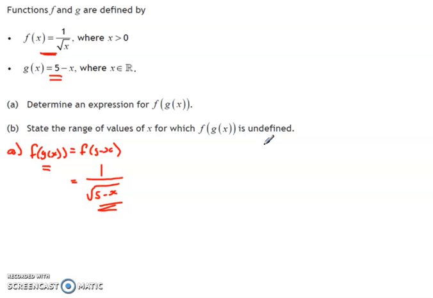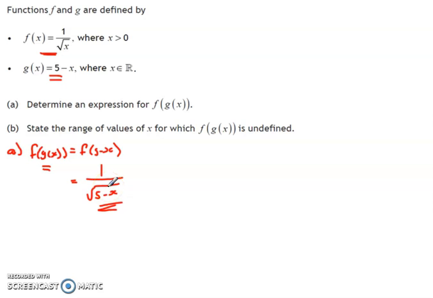So for the function 1 over x, my range would be all values of x except x equals 0. I've got to look at the same sort of thing here, and at where it can exist. Remember, we can only take the square root of a number that's 0 or greater. So that comes into play as part of the square root.